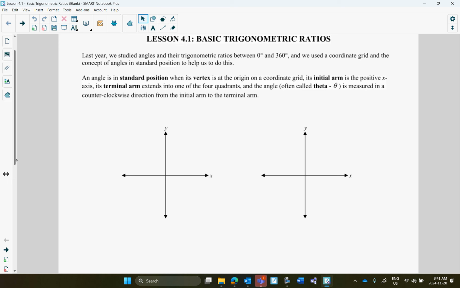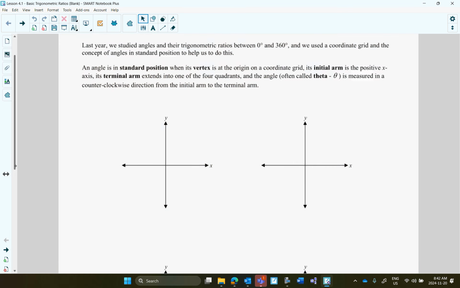But before we do that, in order to evaluate and solve these things, we use a coordinate grid to help us draw angles, which will help us do the trig on these angles. Okay? And this is actually straight from last year. So when we draw an angle on a coordinate grid, an angle obviously is made up of 2 arms.